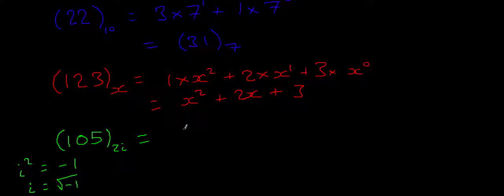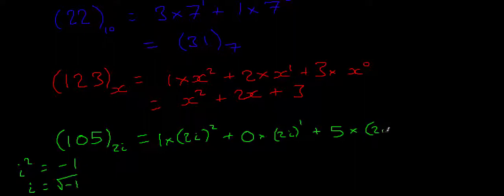This is equal to 1 times 2i squared plus 0 times 2i to the power 1 plus 5 times 2i to the power 0. 2i squared is going to be 4 times i squared, and i squared is minus 1, so this is minus 4, plus 0 times 2i, which is just 0, plus 5 times 2i to the 0.